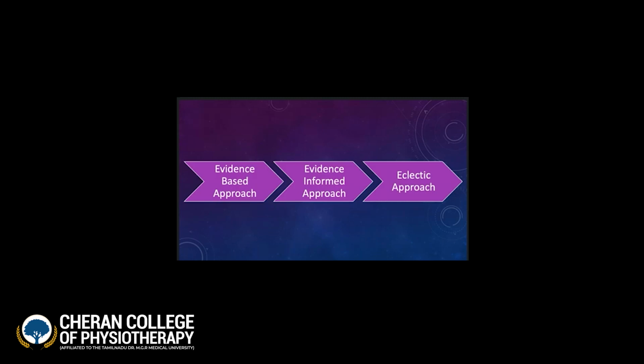So I feel the eclectic approach is the most well known or well deserved approach, where it uses our critical thinking rather than just reading the literature and doing it. Literature is great. That's the way we can grow. That's the way we get better. But the problem with the literature is you cannot recreate the same environment in which they did the study.